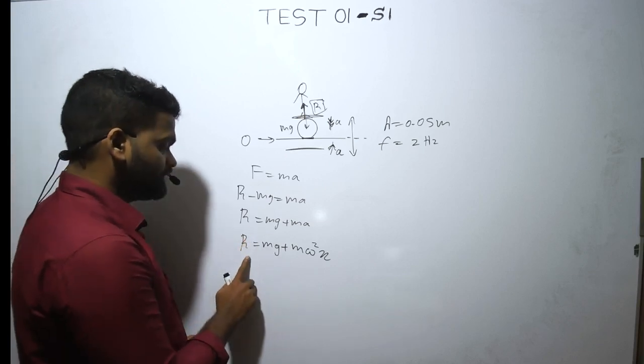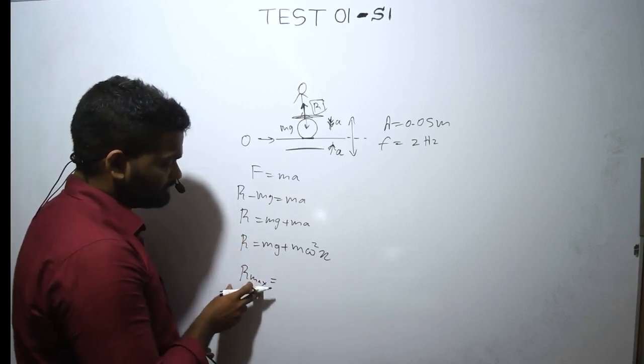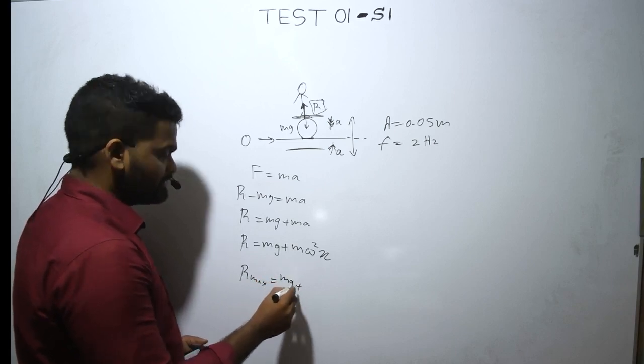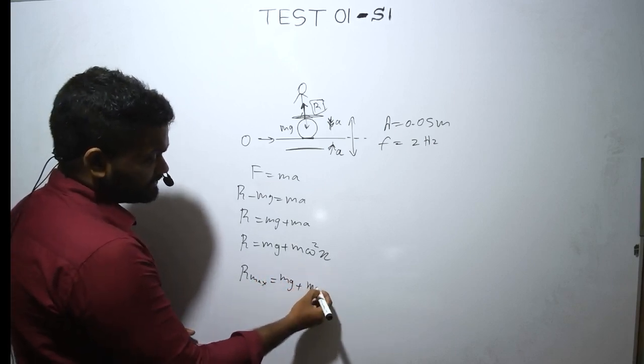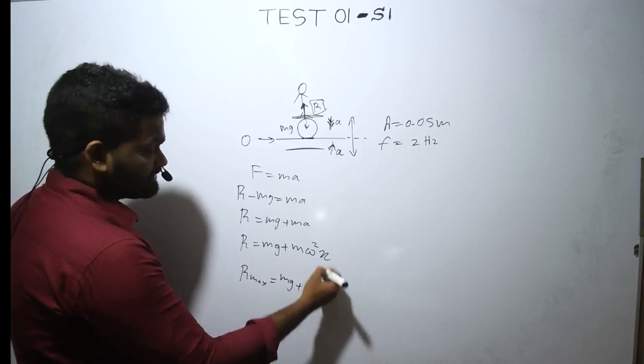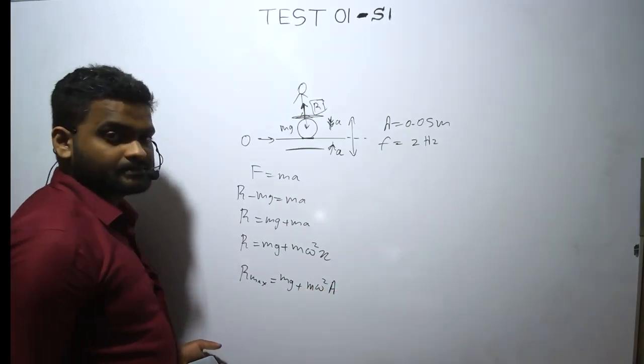So from this equation, R max should be what? Maximum value of R. Mg does not change, M omega also does not change. X maximum, when it is X maximum, it should be R max, right?